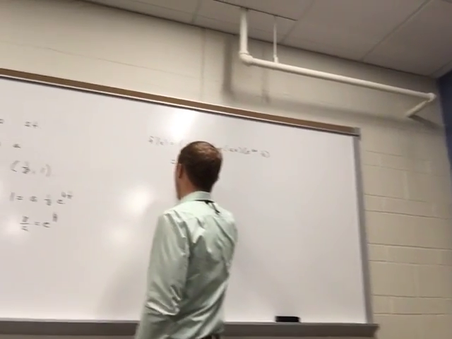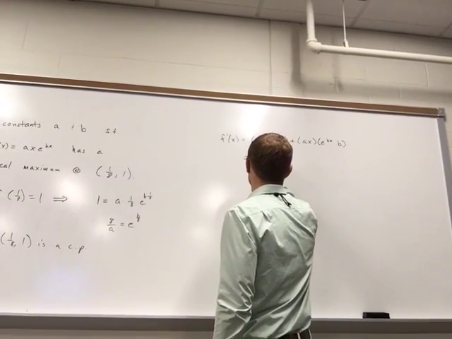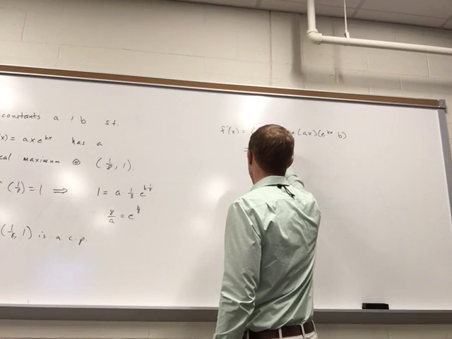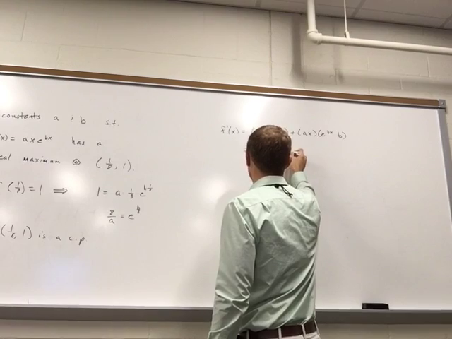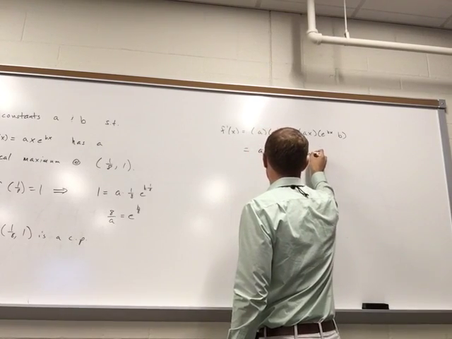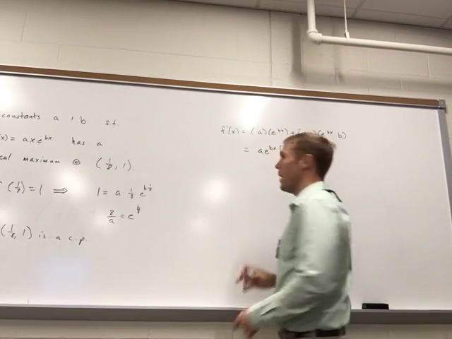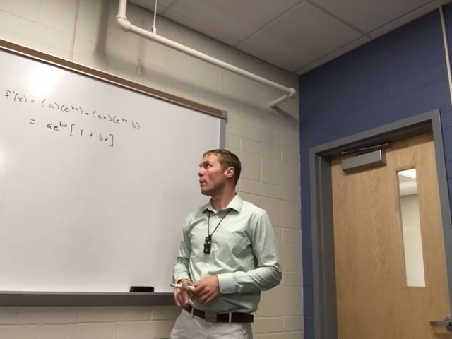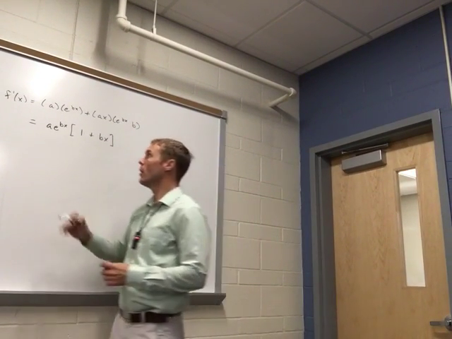Now, we need to analyze this, so cleaning up might be beneficial. I can factor out an a e to the bx, leaving me with 1 plus bx. Just factoring out what you have in common, leaving it alone.